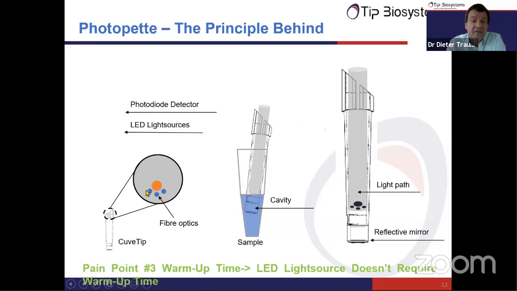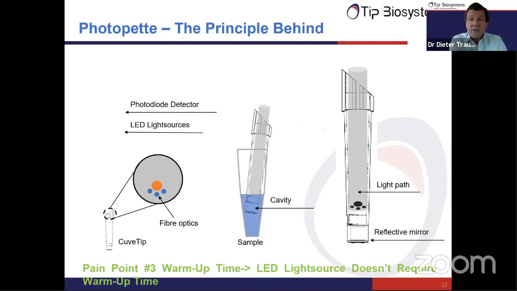The 3 tiny fibers transmit light from 3 different LEDs, so they could have 3 different wavelengths. And the big fiber here is picking up the light that is transmitted through the sample and then directs the light to the detector, which is in this instrument.